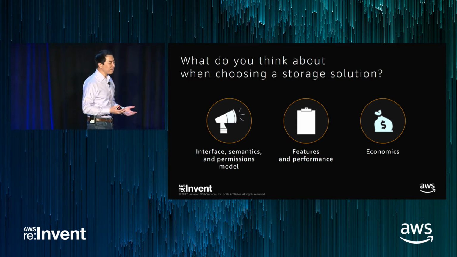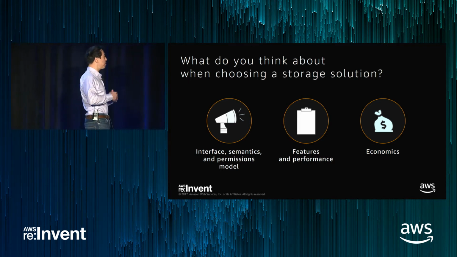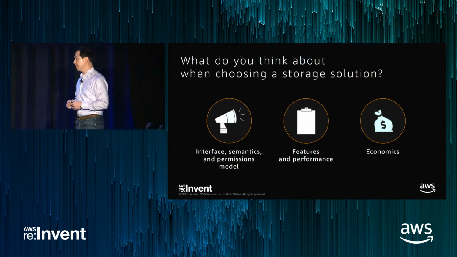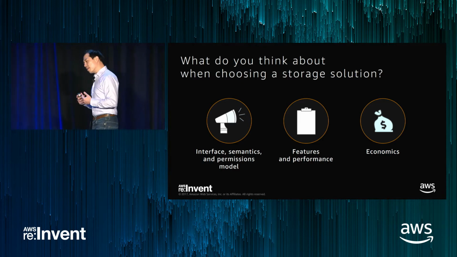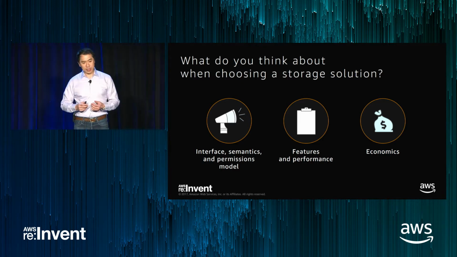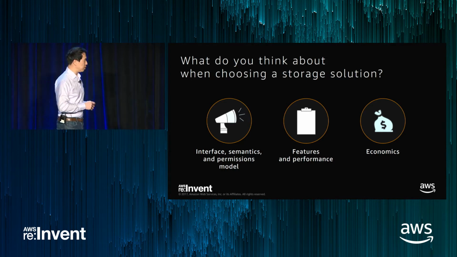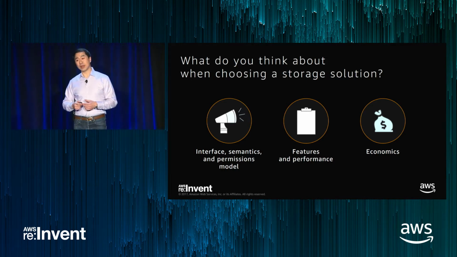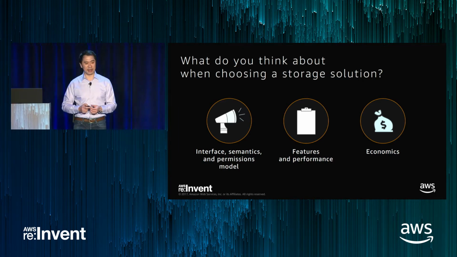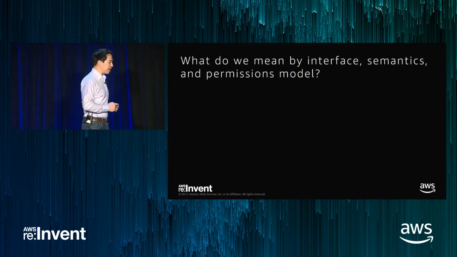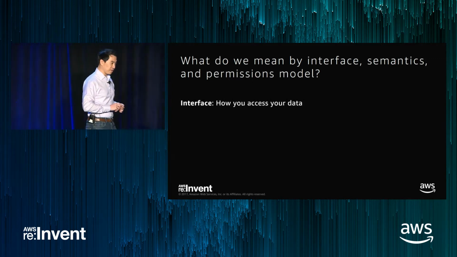What's the behavior of that storage or the semantics? What kind of permissions do you need for those particular data sets? Then you want to think about what are some of the key features and what are the performance characteristics of that particular workload. And lastly, you want to think about the economics. What's the cost of storing it? What's the cost of accessing it?